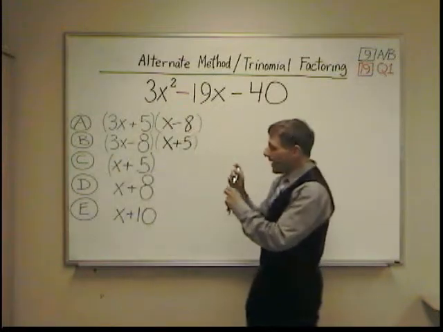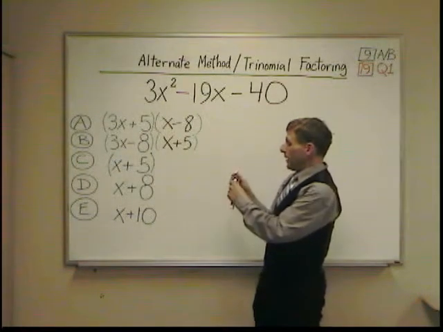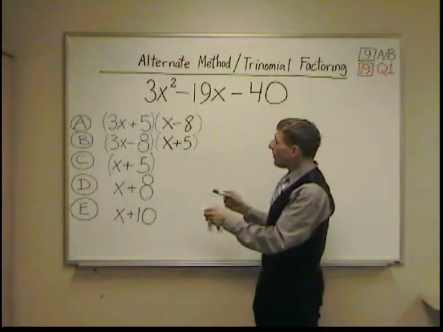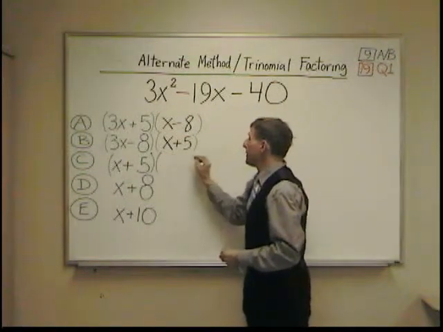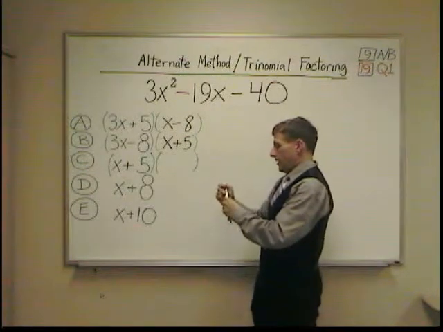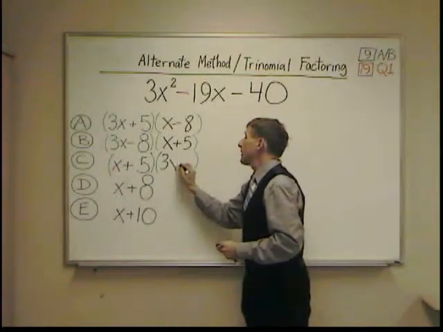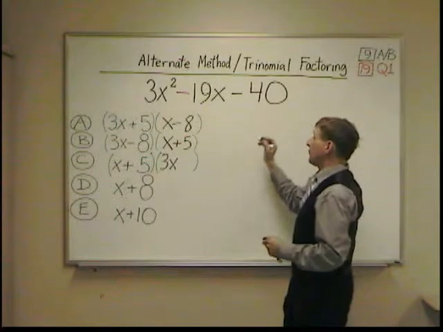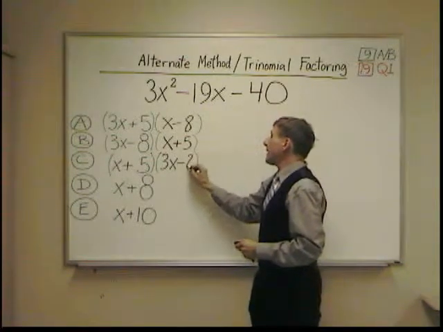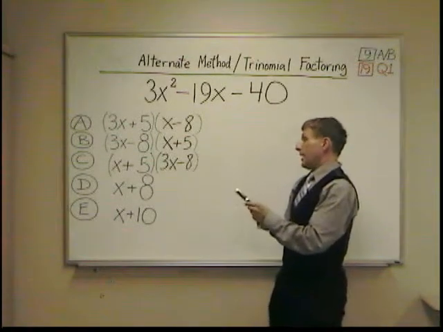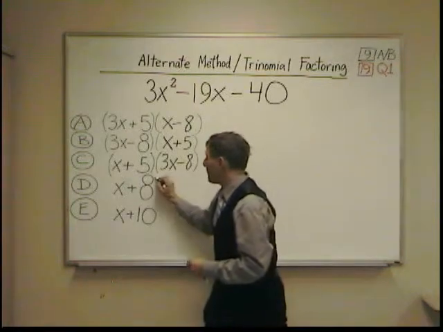So to get the 3x there, let me make my other parentheses. And that would be 3x, and to give me a -40, minus 8. In choice D, I'm given the x plus 8.